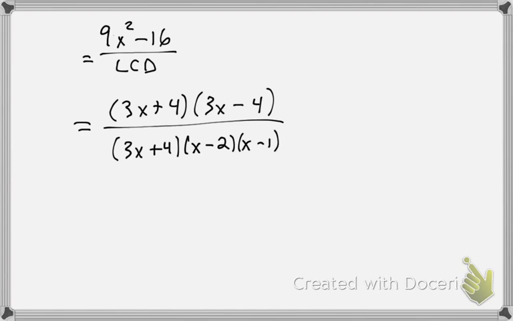Does it simplify? Yeah. 3x plus 4 over 3x plus 4 cancels, and we're left with 3x minus 4 over x minus 2, x minus 1. Here's my simplified answer. It's rare, but it does happen, so make sure you check for simplifying for these.